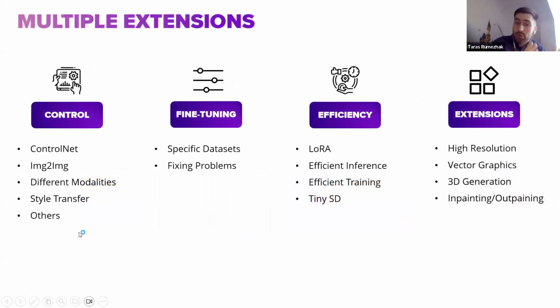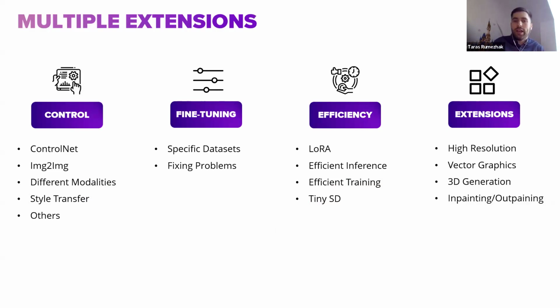As we mentioned, ControlNet is only one extension for Stable Diffusion, but there are much more. In order to control it, we have ControlNet, image to image, different modalities and style transfer, and it's evolving every day. Every day there are a few more new papers, and there is actually no time to read all of them.